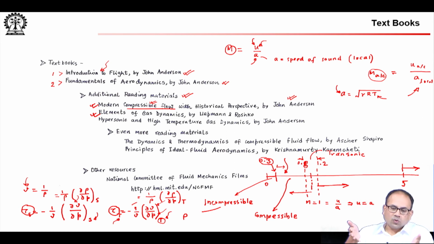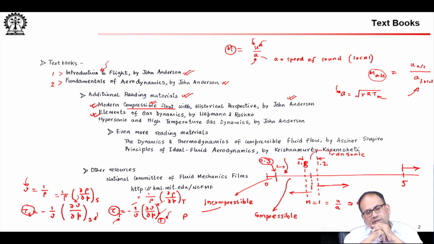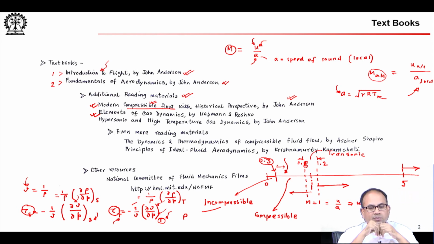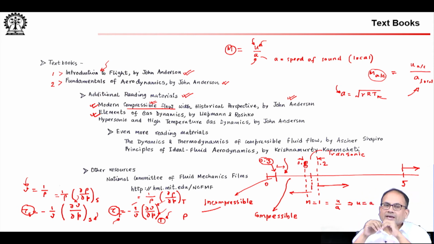Of course, there are a lot more than this, but again I have to limit myself at some point. So, I have two books that I am recommending as even more reading material. The Dynamics and Thermodynamics of Compressible Fluid Flow by Ascher Shapiro. Now, this is again another classic book, and the Principles of Ideal Fluid Aerodynamics by Krishnamurthy Karamcheti.